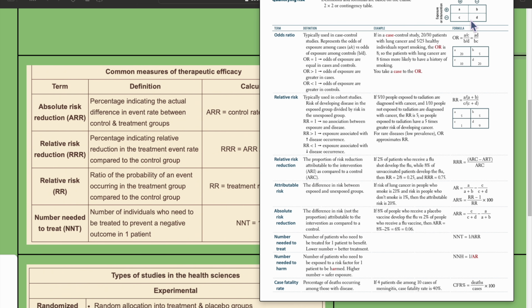And then 1% who didn't smoke got the disease, so 1% would go here, right? And then we would do the whole thing to figure out what the RR was. Okay, so that's why it didn't work out here.